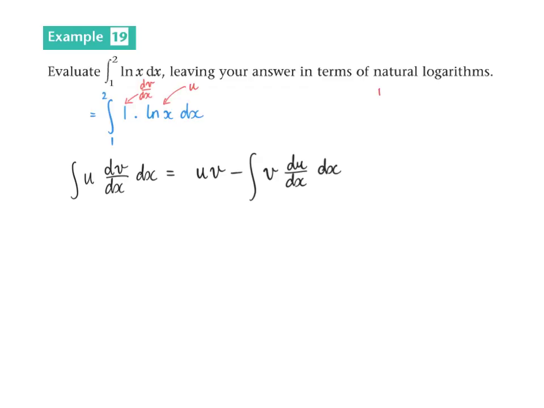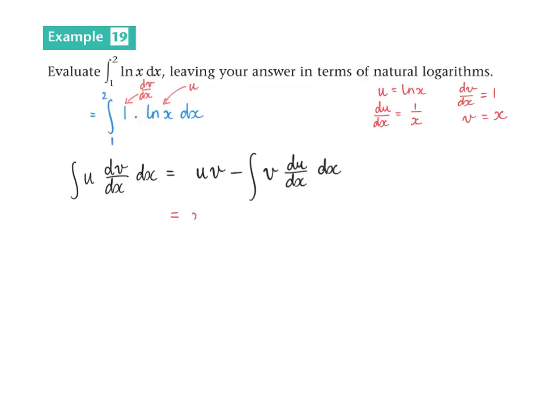So u is equal to ln x. That means that du by dx is equal to 1 over x. dv by dx is equal to 1, so v is equal to x.